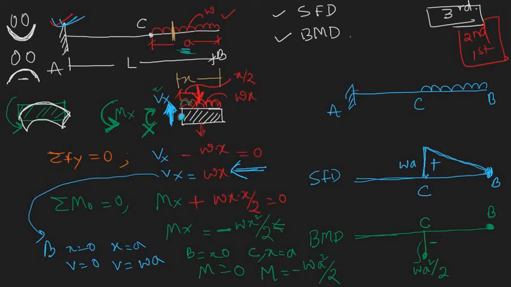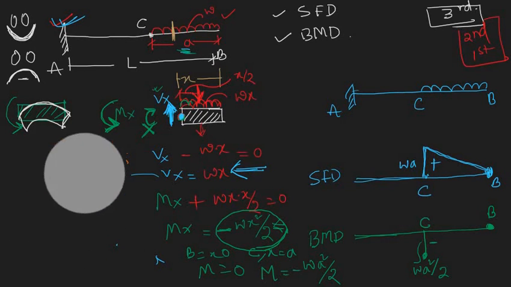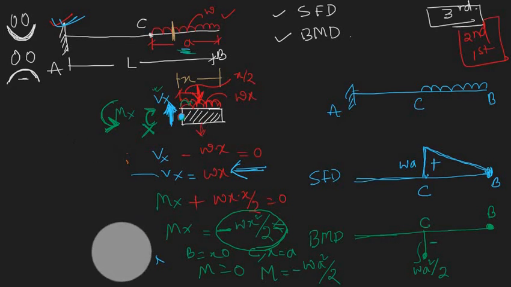Here you can see it is varying parabolically. So again, same confusion. Before that, let me clean some portion. Previously you have seen that in case of the simply supported beam, we have drawn the bending moment like this.